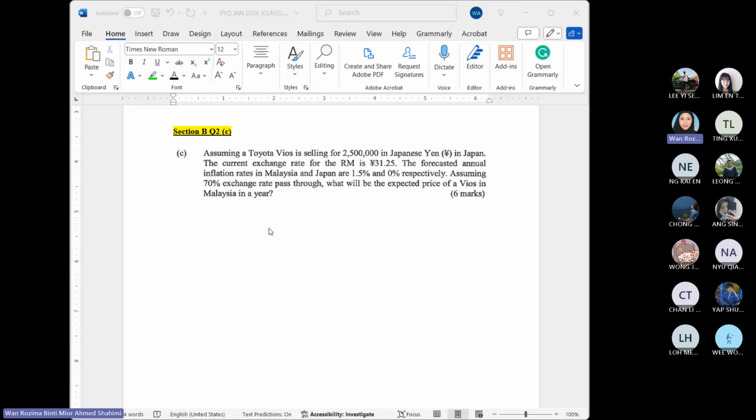So for this question, usually you need to find the 70% exchange rate pass-through. But now, instead of us needing to find that, it is given, meaning that you need to find something else. What is that something else? The new price of the Toyota Vios 1 year from now. So that's why you need to adjust the steps.